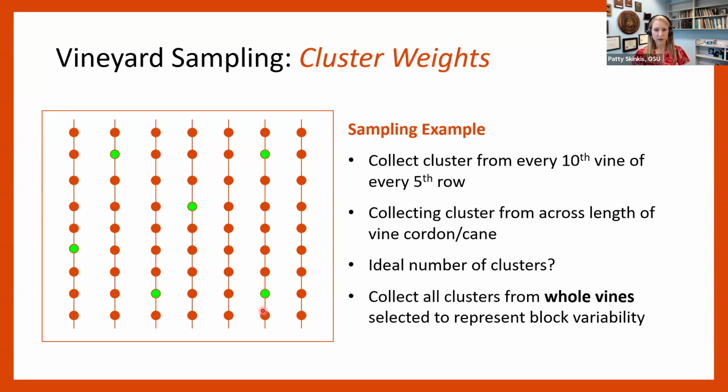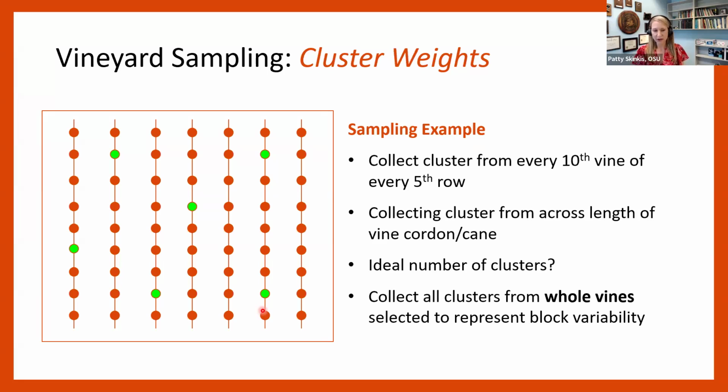And it's because the human eye wants to cherry pick. We want the bigger clusters, the ones we can see better, whether we're trying to or not. Typically, the cluster weights are going to be higher in those vineyard blocks where you just do cluster collections rather than just taking all that's on the vine.